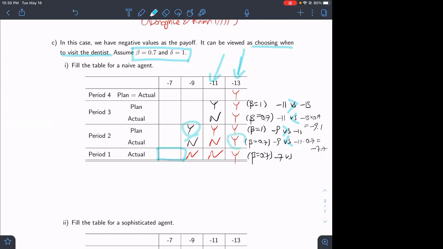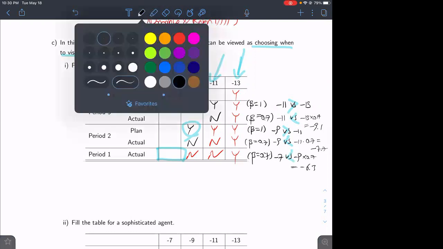You're gonna visit the dentist 1 month later after your tooth gets really screwed. But according to my wrong plan, I'm thinking that my pain is -9. And then I discount that with 0.7, which is -6.3. What happens is that this one is larger, right? So I'm not gonna go to the dentist.